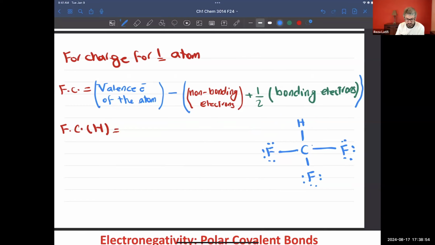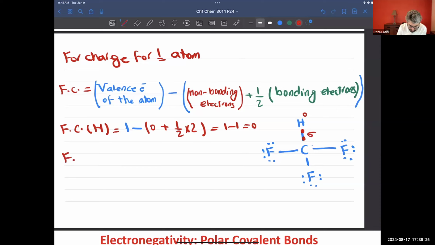Hydrogen belongs to the first column, so it will be group 1 minus. Do I see any lone pair non-bonding? No, so it will be 0. Plus, how many bonding electrons do we have? We use 2 electrons here to make a sigma bond. Half of them belong to hydrogen, so half of 2 is 1. 1 minus 1 will be 0.